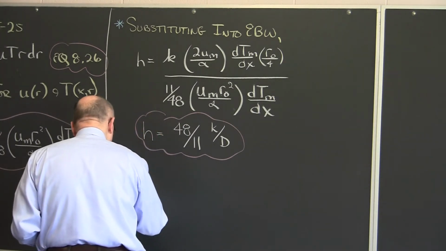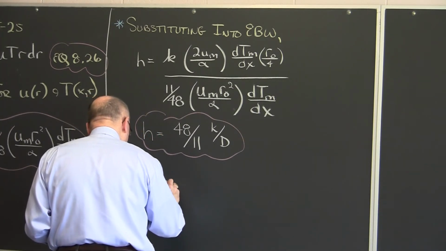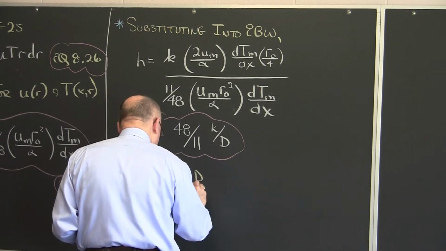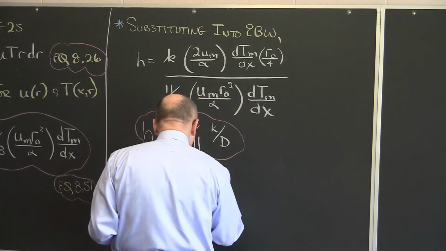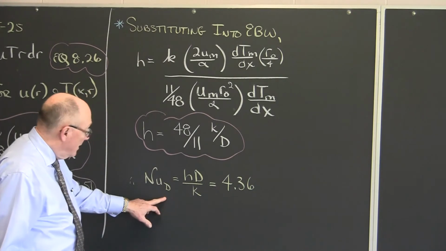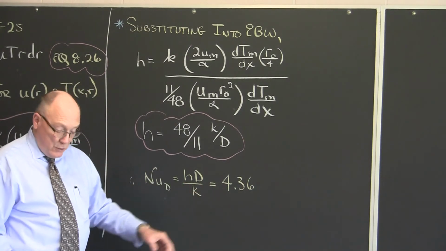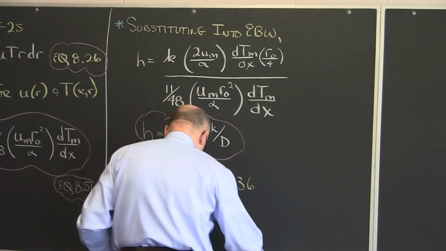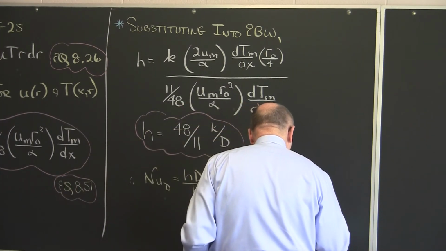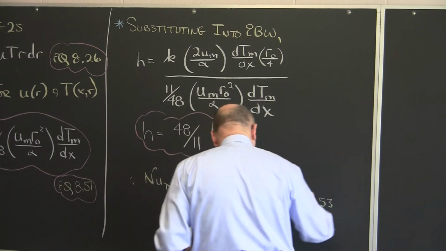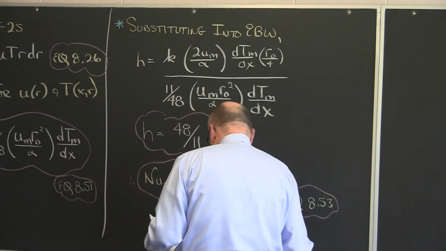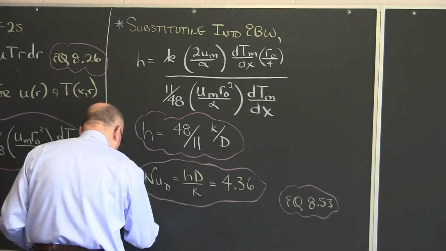And therefore, the Nusselt number as a function of D is equal to hD over k, which turns out to be 4.36, which is equation 8.53. This is the Nusselt number for the following conditions.